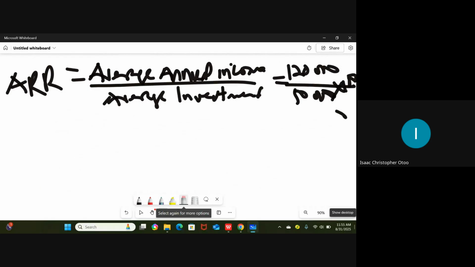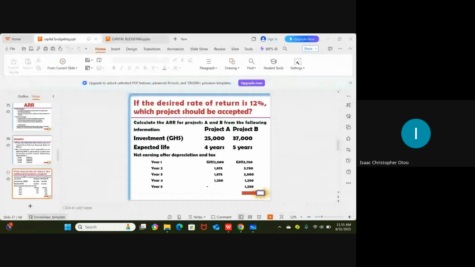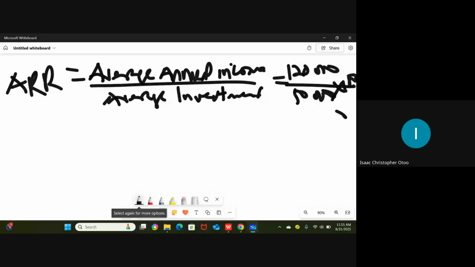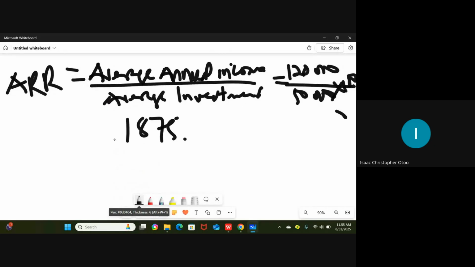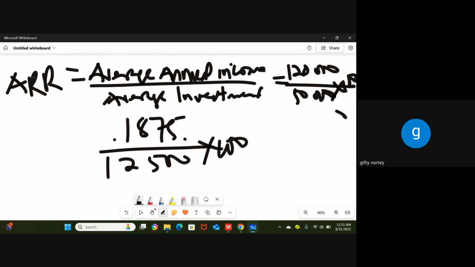So I think it's simple. When you find the average, you had 1875. Yes, sir. So just put them in the formula and get it. 1875 divided by 12,500 is 15%. Then do project B.